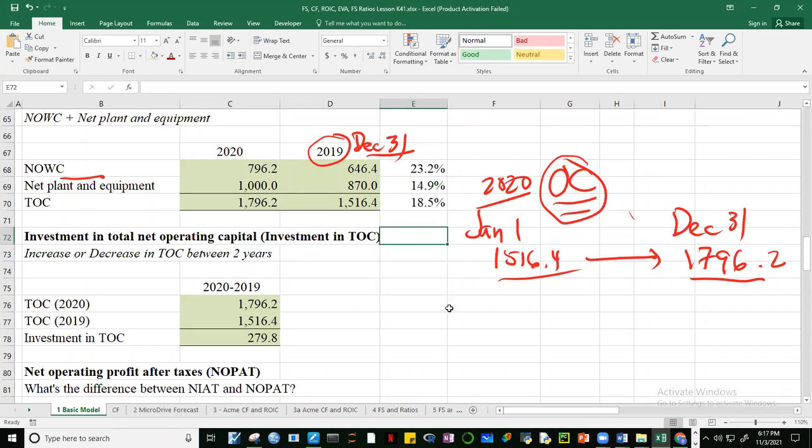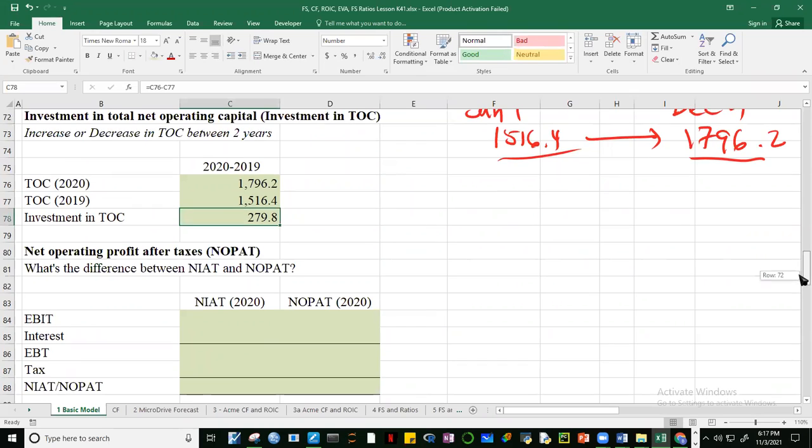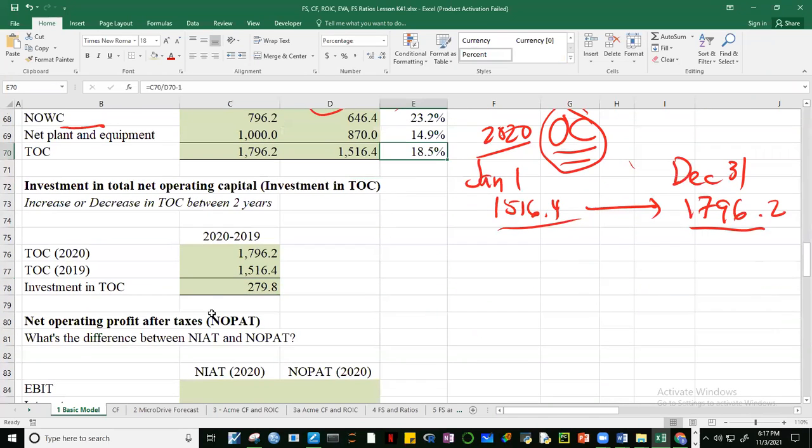So far we have looked into that, and last time we ended here and said that at the beginning of the year, operating capital was 1516 and management invested 279.8, which is an 18.5% increase in operating capital, which we commented on just a while ago.